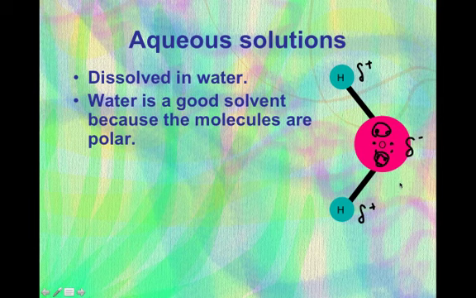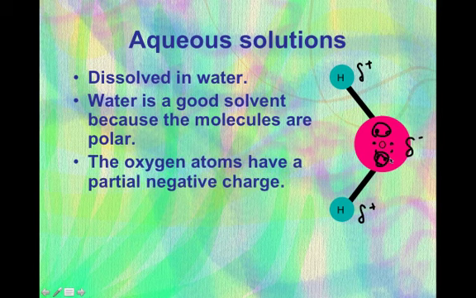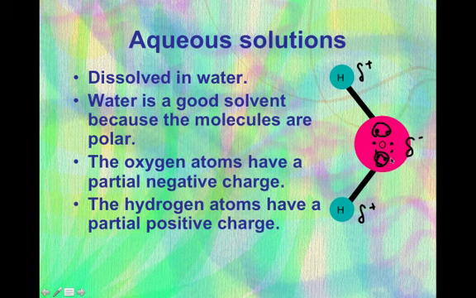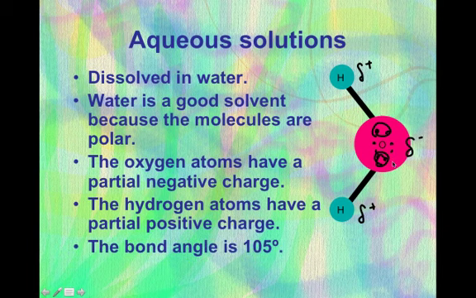These molecules are like a magnet with a north pole and a south pole, only it's a positive end and a negative end. The oxygen atoms have the negative side and the hydrogen atoms have the positive side. It's because the bond angle is so special.